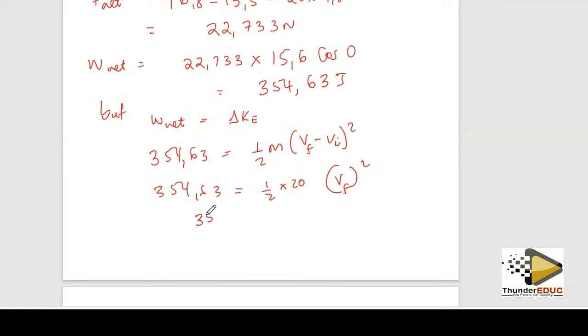So that is 354.63 equals, when I multiply a half of 20, it's going to be 10 times VF squared. Divide both sides, I have my VF squared, and then I'll find my square root.